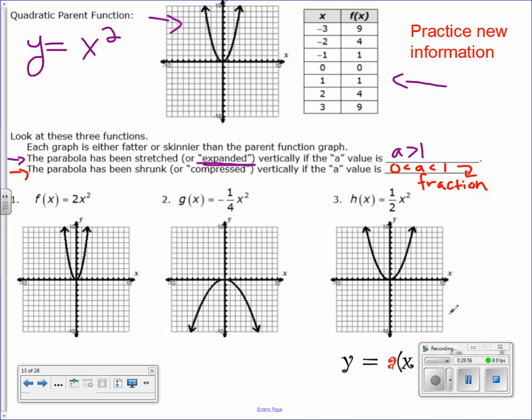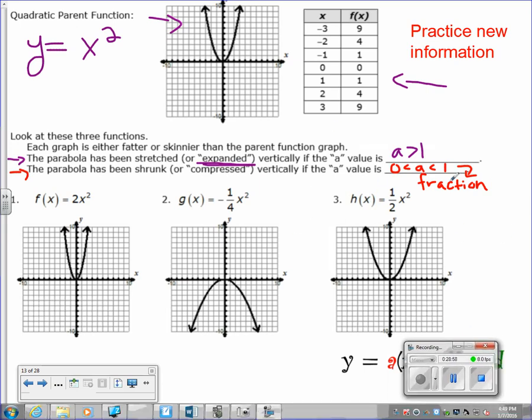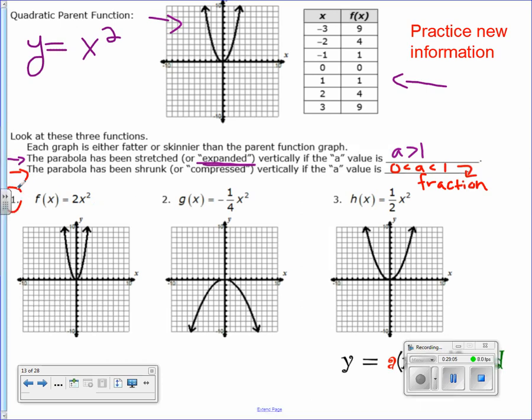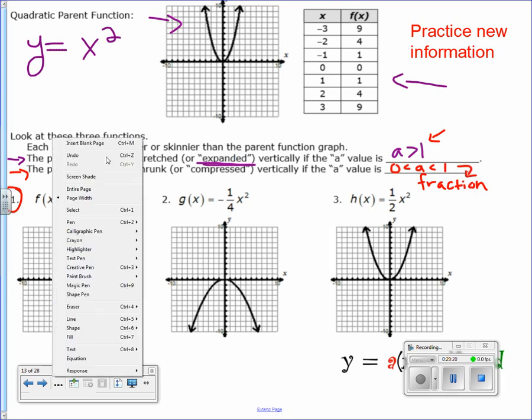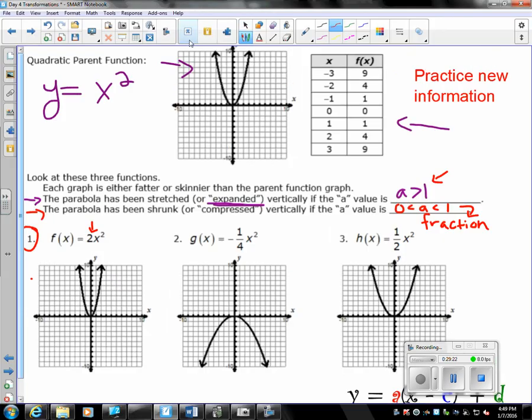Now let's use the information that we just summarized to look at number 1 and figure out is it an expansion or a compression. So number 1, my a value is +2. +2 is greater than 1, so I know it has been vertically expanded or stretched.